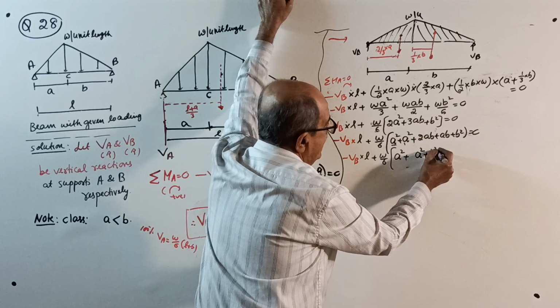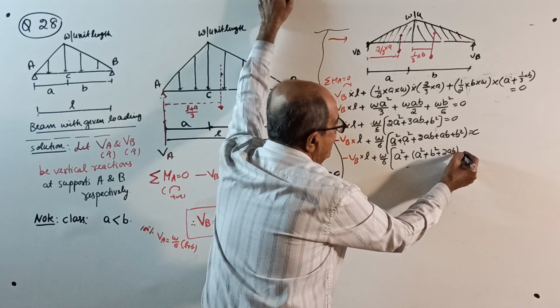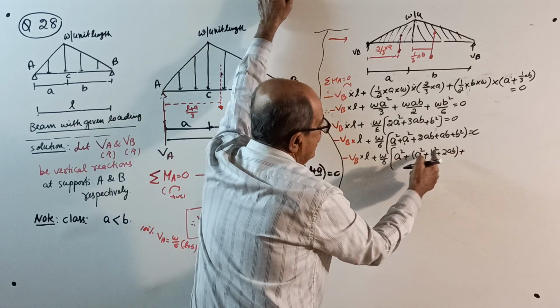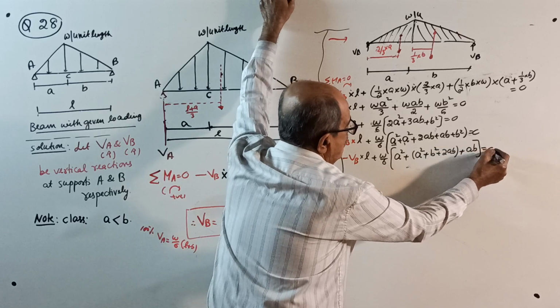Okay, B square plus 2AB, one small bracket here, plus, what happened here now? One more AB plus AB equal to 0.